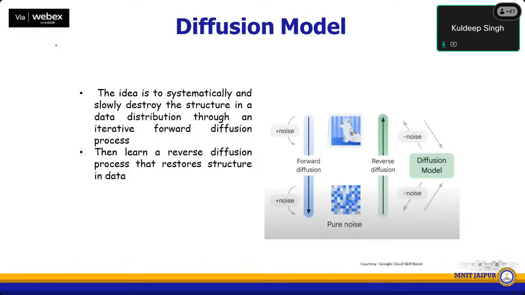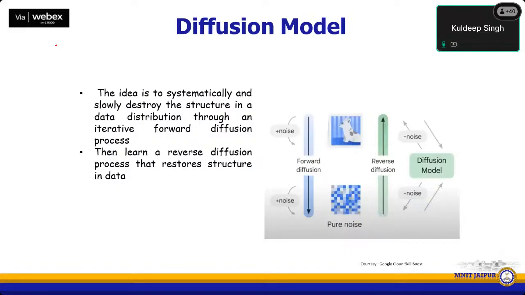The idea of this diffusion model is to systematically or slowly destroy the structure of the data through an iterative diffusion process, and then try to learn a reverse diffusion process that restores the structure of the data, which results in yielding high quality data. So let me put it in other words.